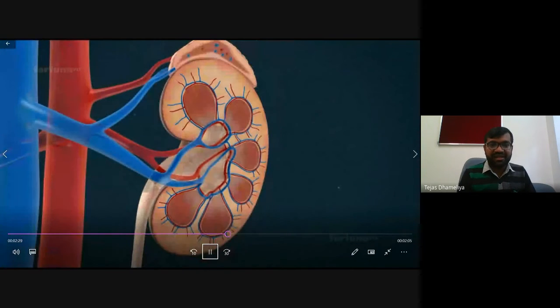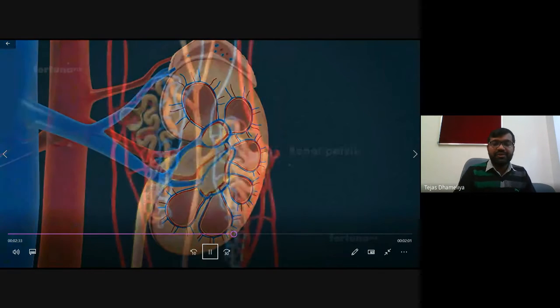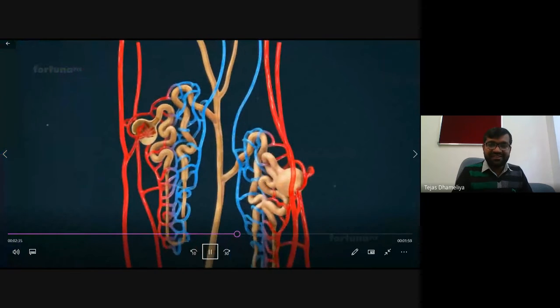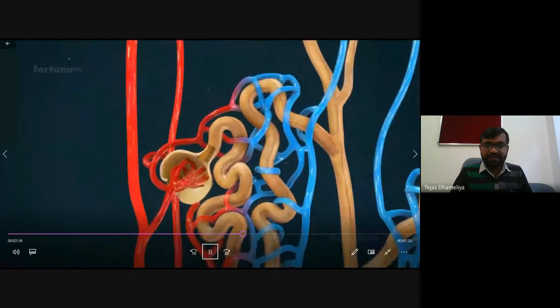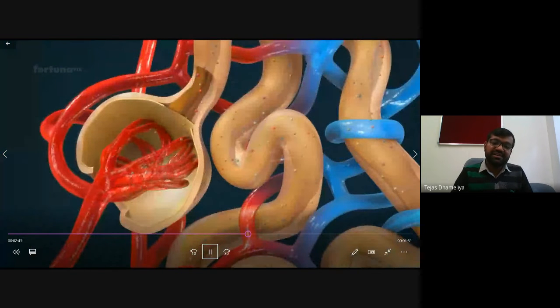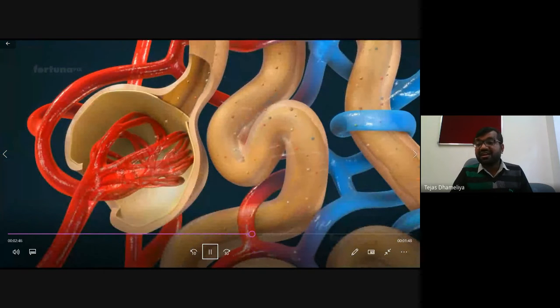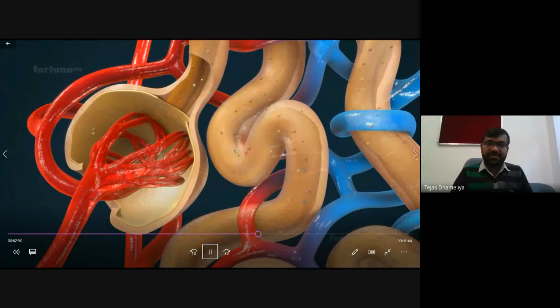And then all these ducts of Bellini will open up in renal pelvis and will create this. So absorption and resorption are the phenomena which can occur through this flow.